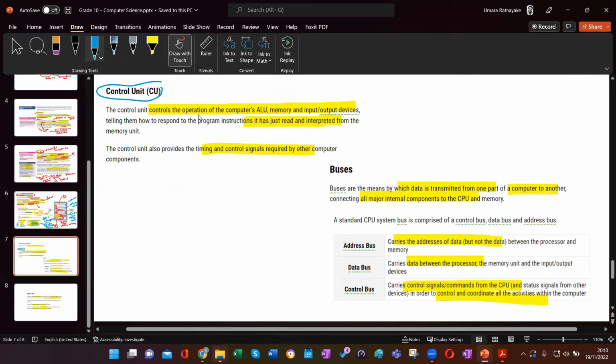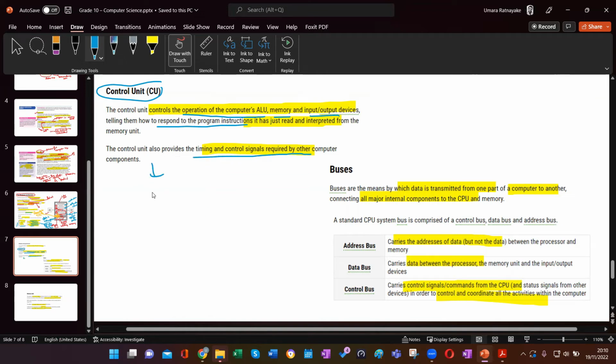The control unit controls the operation of the computer's ALU, memory, input-output devices, everything, right? Telling them how to respond to the program instructions it has just read and interpreted from the memory unit. The control unit also provides timing and control signals required by the other components, right?